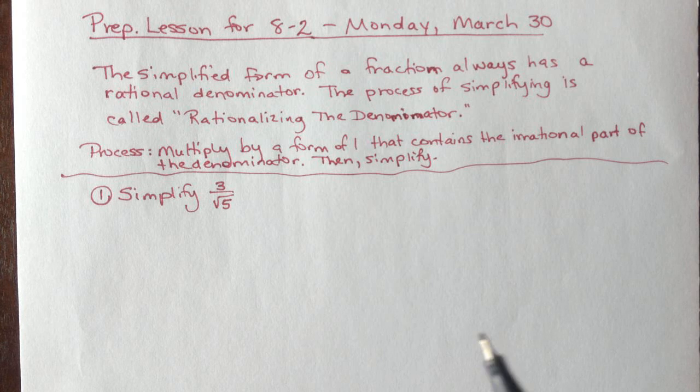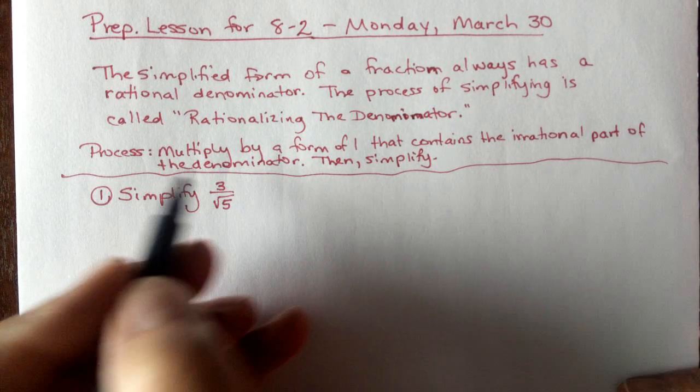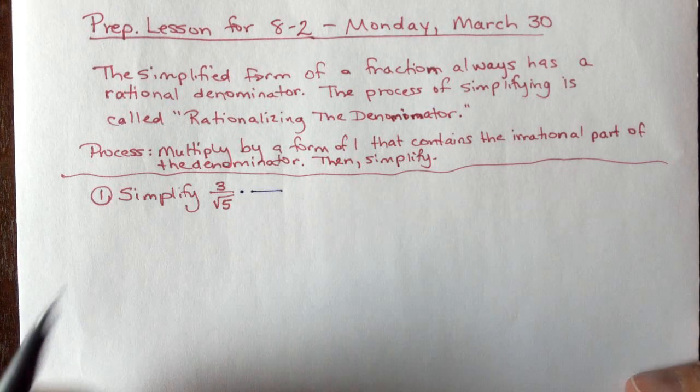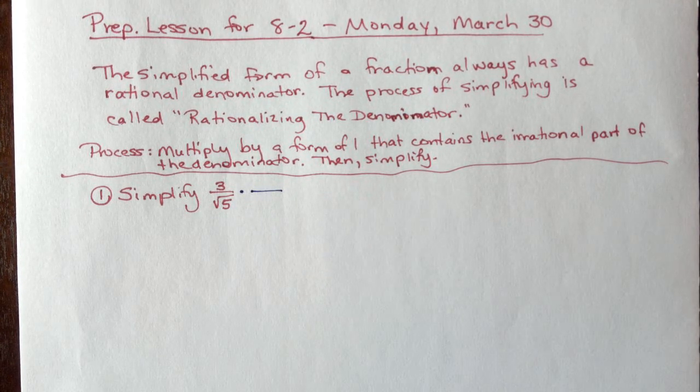So what does it mean to multiply by a form of 1? Well, in fraction world, a form of 1 is a number over itself, because anything divided by itself is equal to 1. So we want to take this irrational fraction, we're going to multiply it by something over itself that is equivalent to 1, a form of 1.